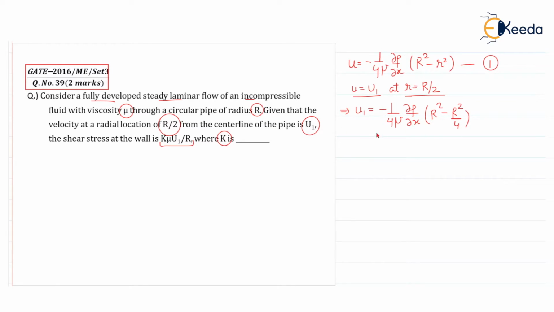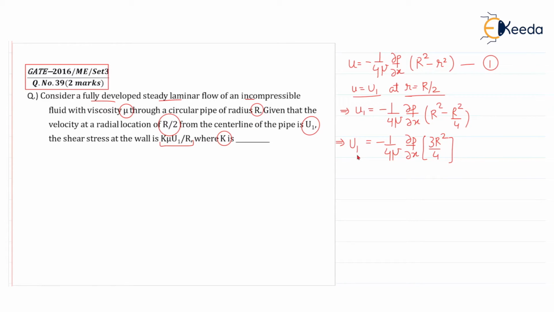In the next step, u1 is equal to minus 1 by 4 mu dou p by dou x into 4R square minus R square, which is 3R square by 4.